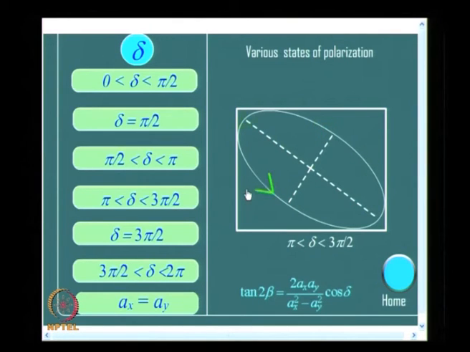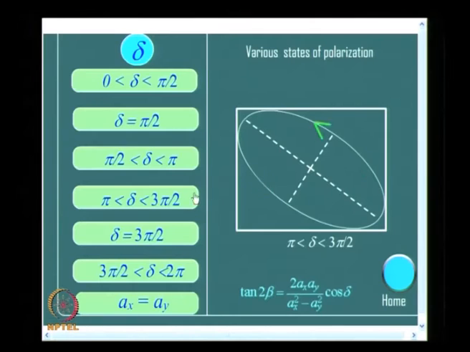So, you can look at it the other way. When I look at the light ellipse, it is possible for me to find out what would be the value of delta that would have caused this. Our interest is the reverse, but in order to understand the cause of delta, we look at, for various values of delta, how the light characteristic changes. That is what we will look at.